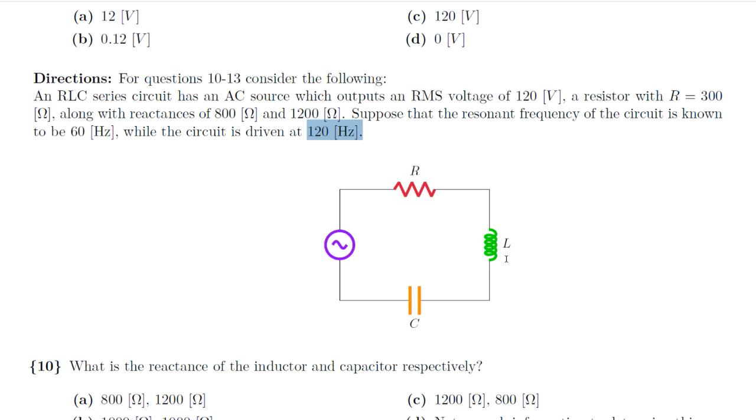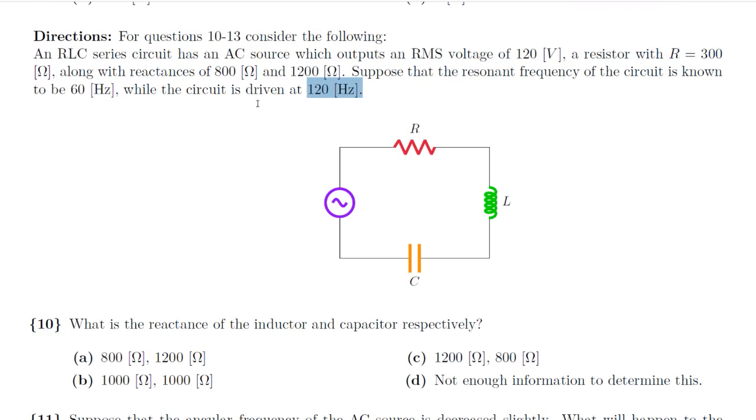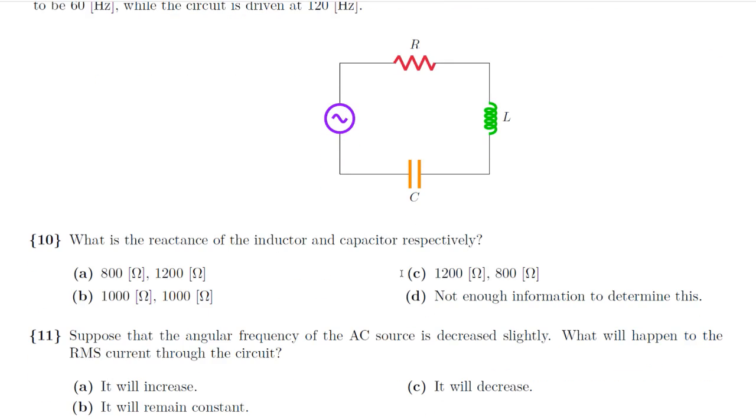So the inductive reactance should be bigger than the capacitive reactance. So in other words, of the 800 ohms and the 1200 ohms I gave you for your reactances, the inductor reactance is 1200 ohms. So the answer is C. Inductor is 1200 and the capacitor reactance is 800.